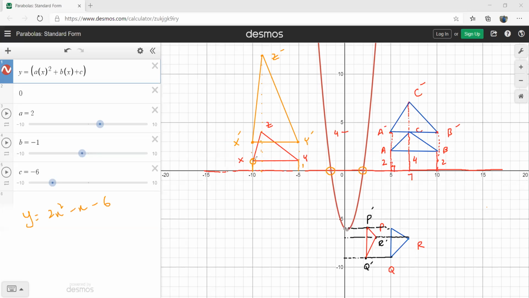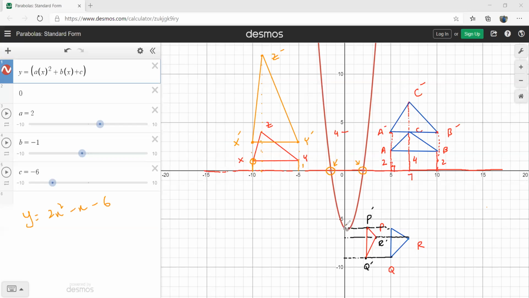Because it was 1 unit away from the x-axis. What is the distance of this point that I'm pointing here from the x-axis? 0. It is 0. So these 2 points will remain invariant. That is why we call these lines invariant lines, because they don't change their positions. Any point that is there on the invariant line will not change its position.